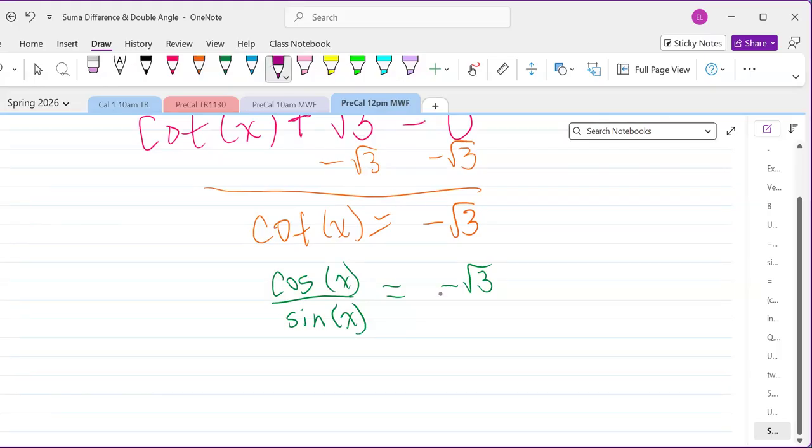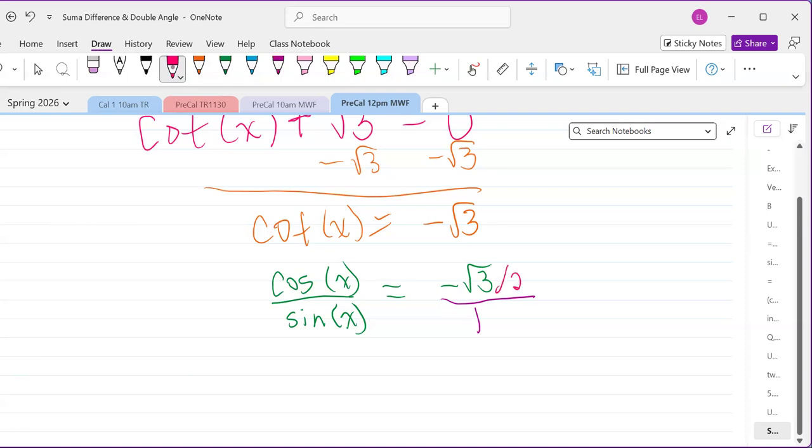Now, again, cosine never equals the negative square root of 3. That's too big. But if I look at my unit circle, almost all the sine and cosine values are over 2. So I'm going to make some adjustments to this negative square root of 3. So the negative square root of 3 over 1, that's still an equivalent number. And then I'm also going to sneak back in, basically multiplying the top and the bottom by 1/2 over 1/2. So it's still the same size.